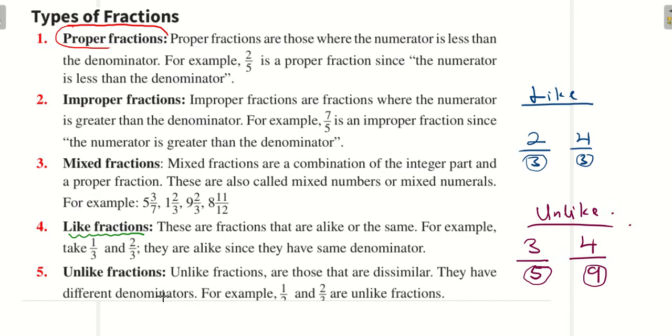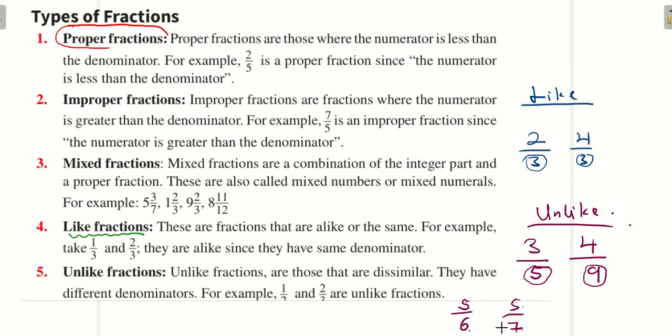You can even have unlike fractions with numerators being the same. For example, we can have 5/6. Then we can also have 5/7. Even though the numerators are the same, the denominators are still not the same.